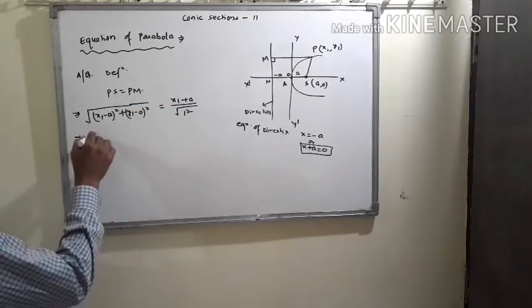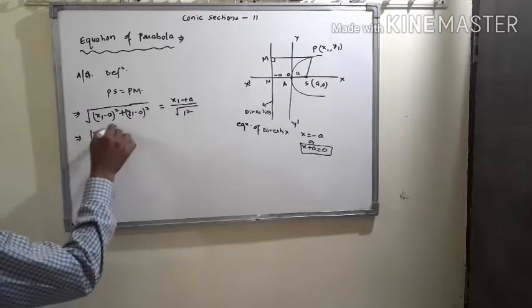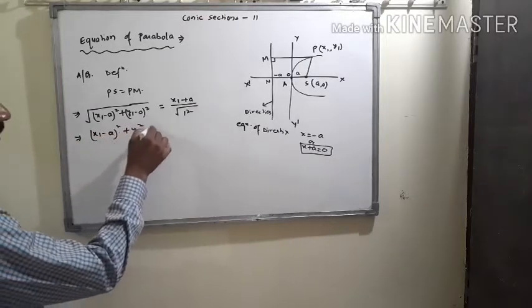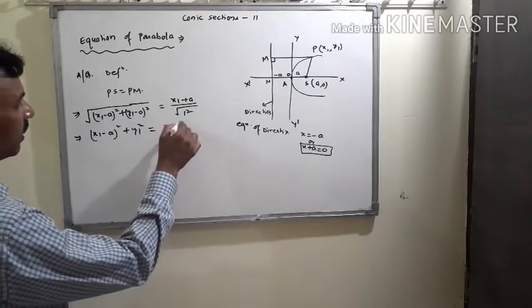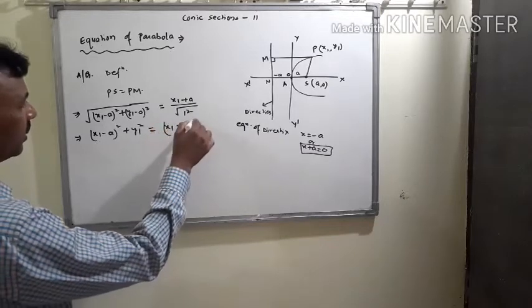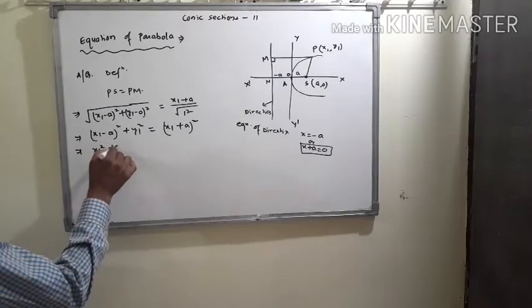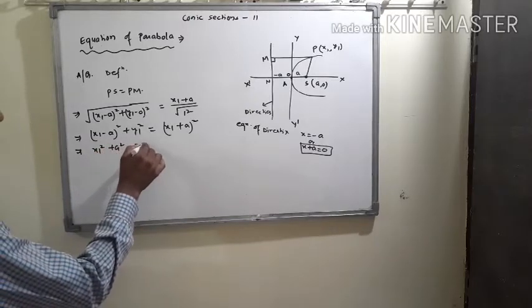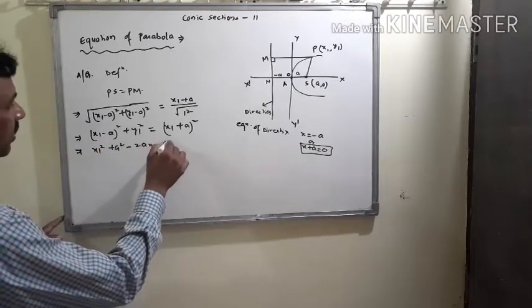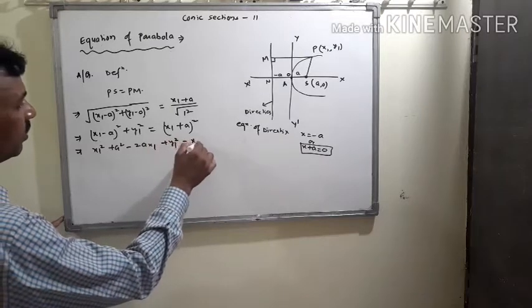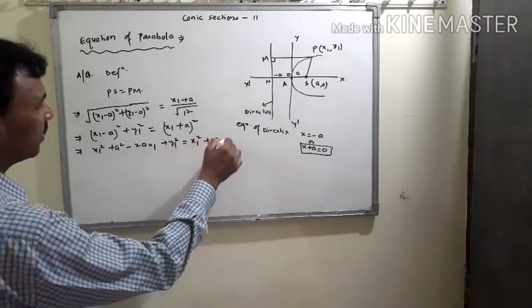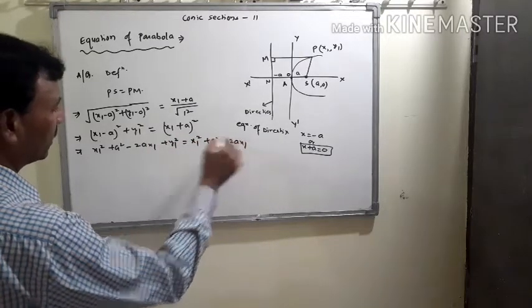For removing the square root, we take the square on both sides. Then this will be (x1 minus a) whole square plus y1 square equal to (x1 plus a) whole square. This will be x1 square plus a square minus 2a x1 plus y1 square equal to x1 square plus a square plus 2a x1.